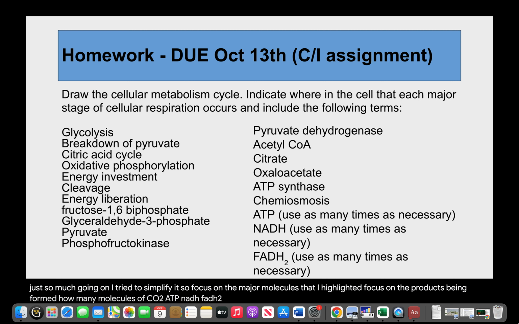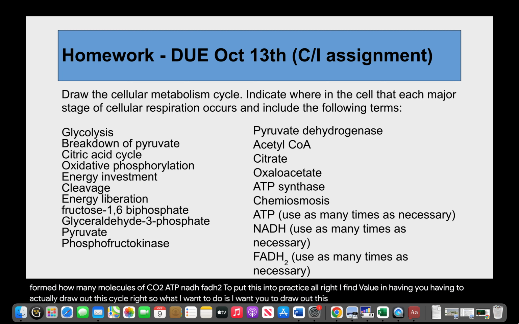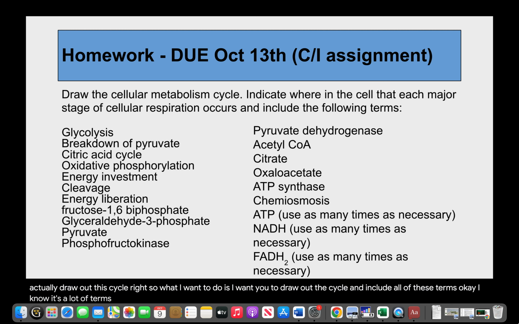I want you to put this into practice. I find value in having you actually draw out this cycle. So what I want you to do is draw out this cycle and include all of these terms, okay? I know it's a lot of terms, but I think actually physically going through those steps is really going to help solidify and make things make sense.